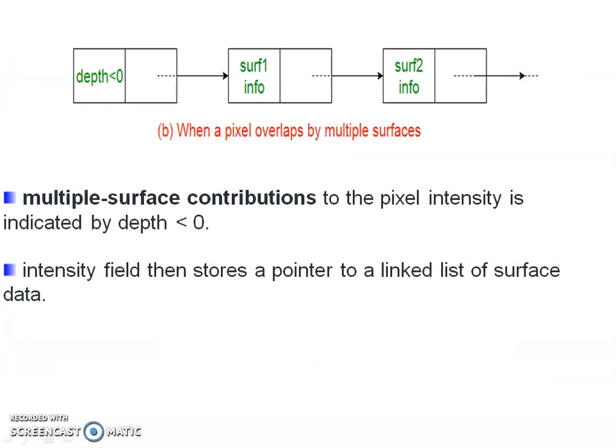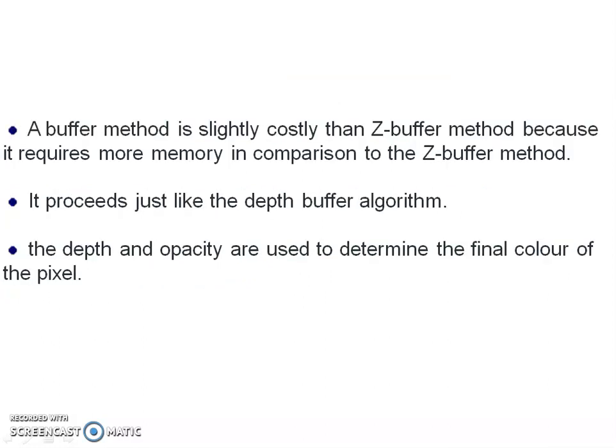When a pixel is overlapped by multiple surfaces, that is, in the case of depth less than 0, the first field contains the depth value, and the next contains the intensity information of each surface, which is a pointer to a linked list. The A-buffer is slightly costlier than the Z-buffer method because it requires more memory.